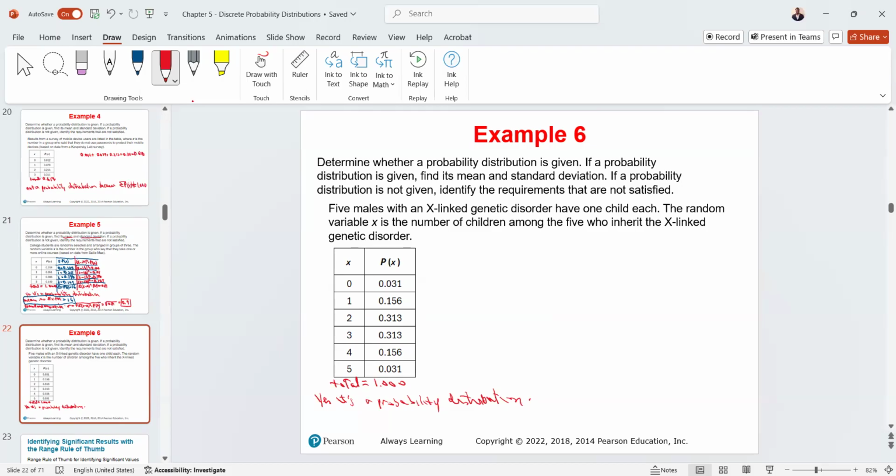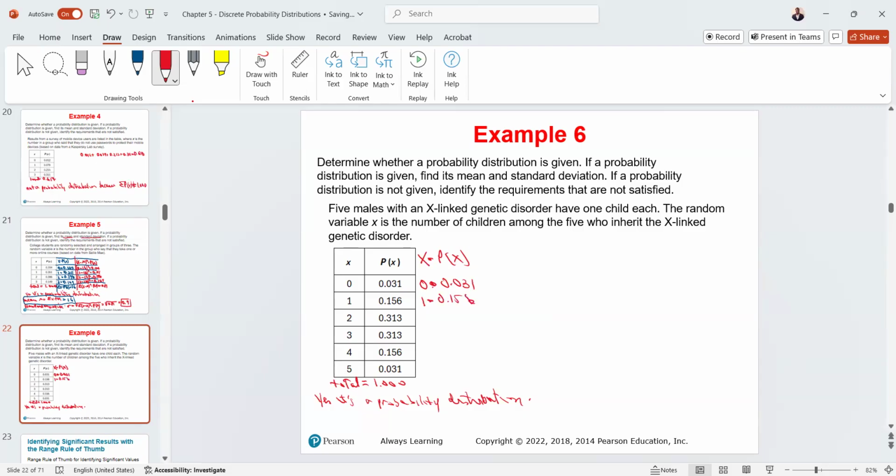We need to multiply every x with the probability. So that means you take 0 times 0.031, 1 times 0.156.